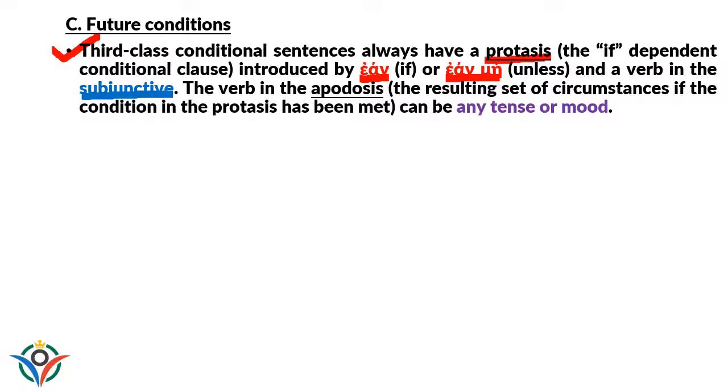Then the verb in the apodosis specifically is the resulting set of circumstances if the condition in the protasis has been met, and can be any tense or mood. So let's take a look at two examples from the Greek New Testament.